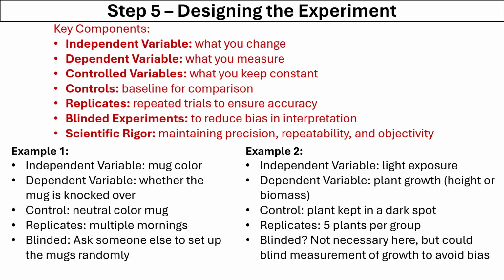Then about replicates, you're supposed to repeat your experiment a certain number of times. You're supposed to have a certain number of controls and a certain number of testable samples so that you can for sure make your conclusions. Blinding an experiment is when you remove your own bias.